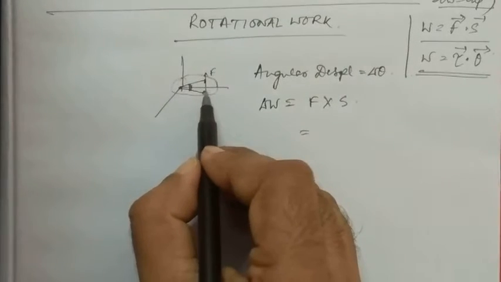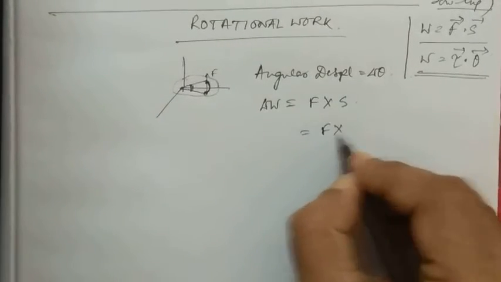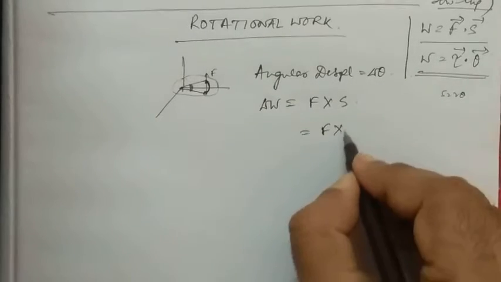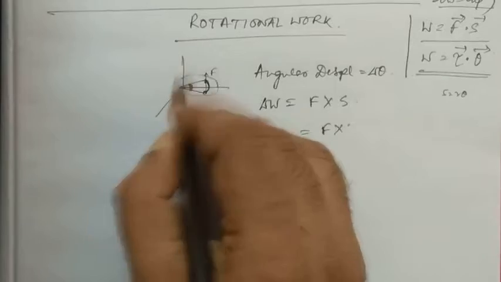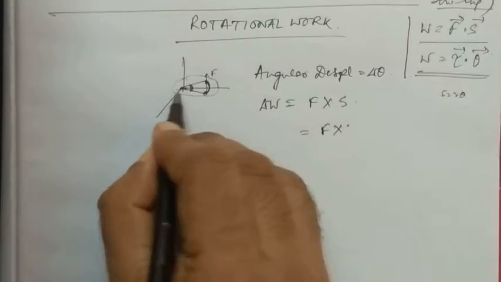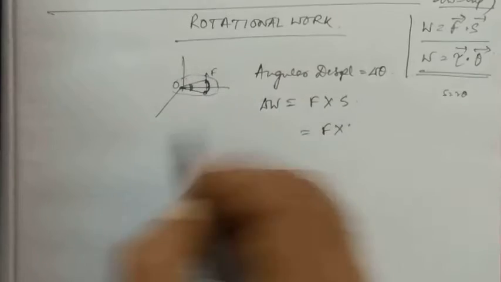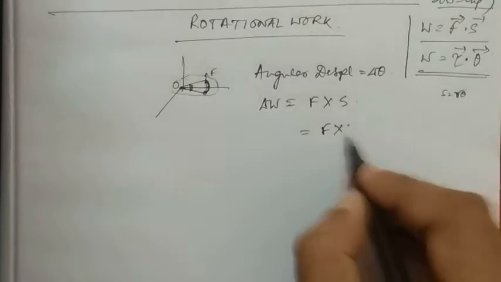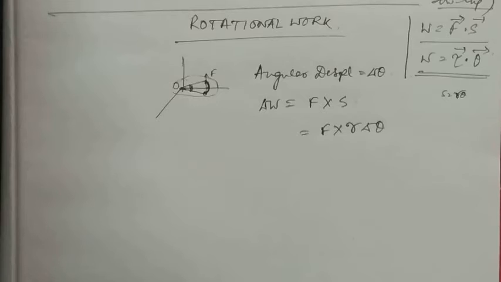Now the displacement here will be like this, in a curved line. We know s is equal to r theta, where r is the length from the origin to the point where the force is acting. So F into r delta theta.